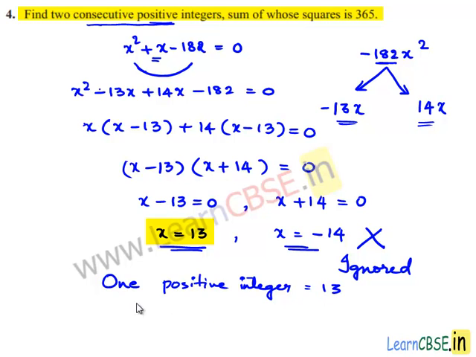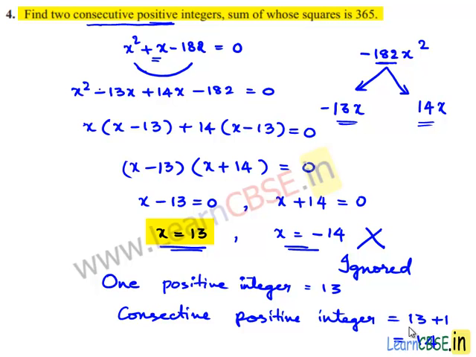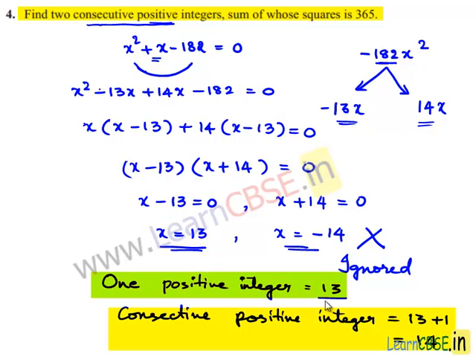The consecutive positive integer is x plus 1, which is 13 plus 1, nothing but 14. So the two consecutive positive integers are 13 and 14.